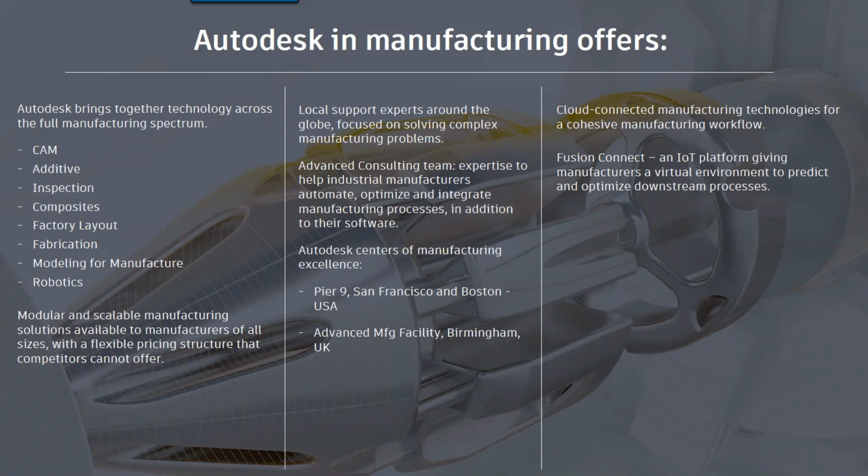They test some of the different workflows that Netfabb might use, or PowerInspect, right? The other one is in the UK. So if you're watching from outside the States, that's just another facility that Autodesk has to test some of the software.